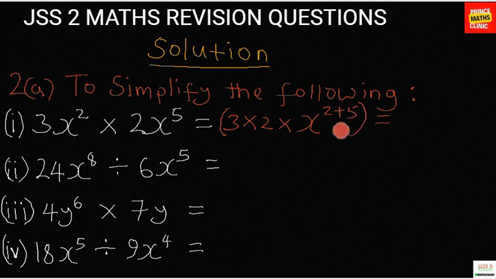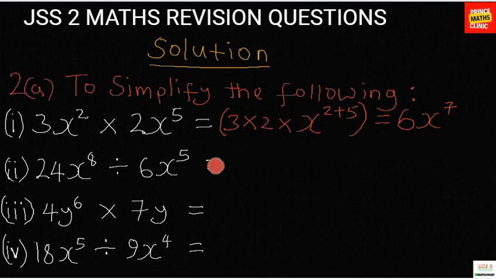So let's find out what everything will give us. 3 times 2 is 6. You write down 6. Then this is x. Then 2 plus 5 is 7. So that is our answer. So it is 6x to the power of 7. That is the outcome of this first one.